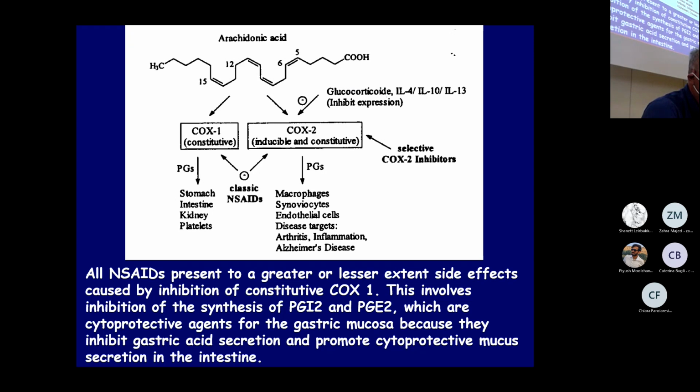And also, these compounds are able to block the biosynthesis of the protective film necessary to defend the gastric cells from hydrochloric acid. I remind you, in the stomach, the pH is about 1.5.